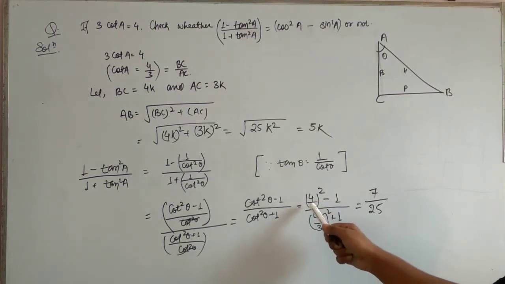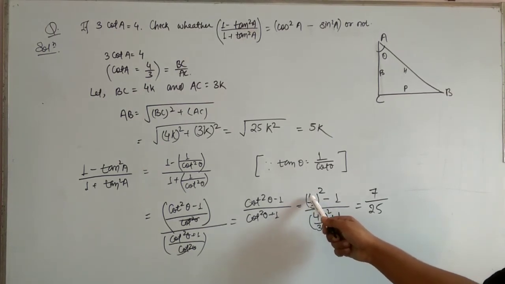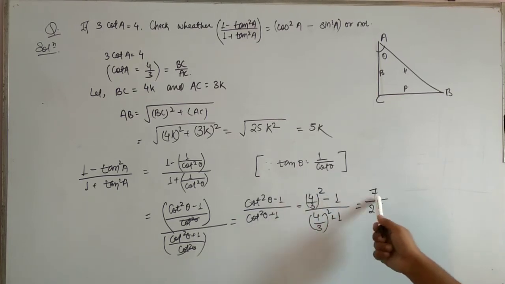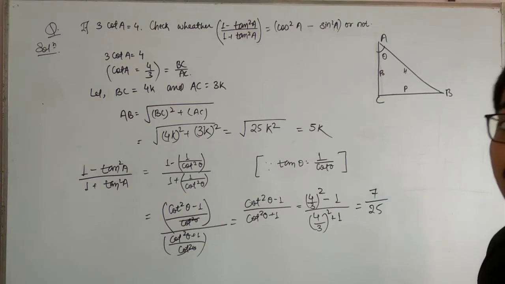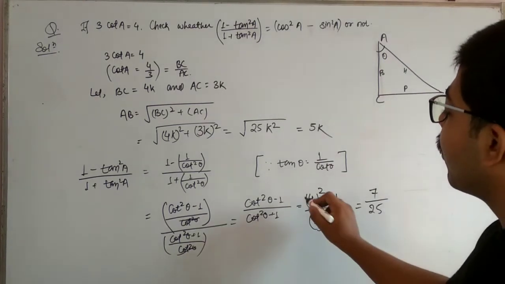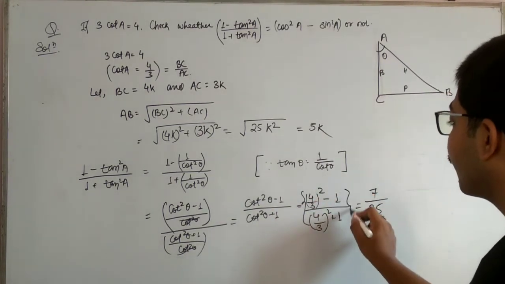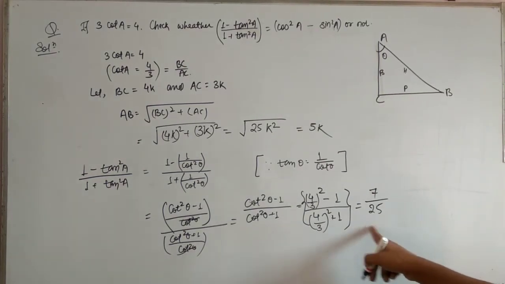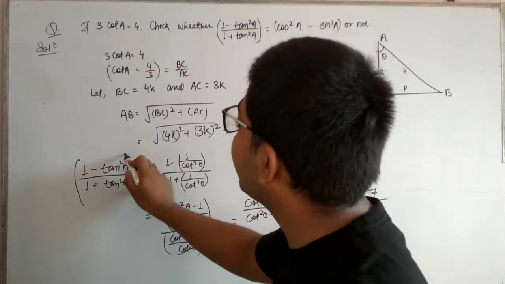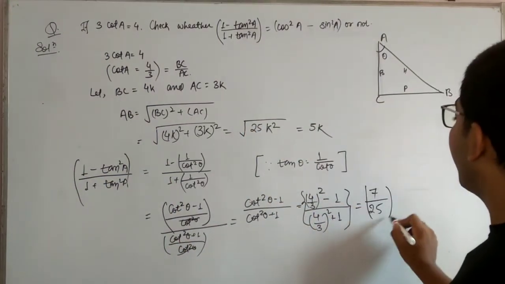The denominator will be 9 and the numerator will be 16 minus 9, which gives 7, and 16 plus 9, which gives 25. The 9 gets cancelled out. You can solve this in your notebook. If you get any problem, let me know in the comment section. So this equation is equal to 7 by 25.